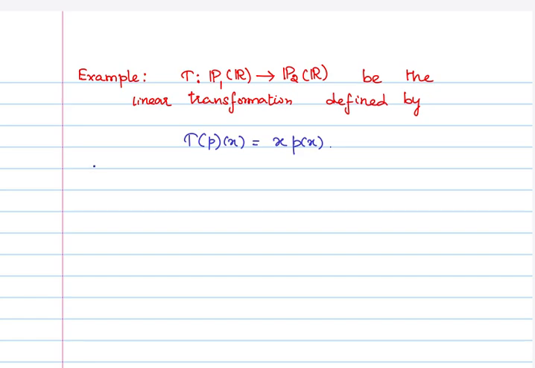We take alpha as the basis of P1, which is 1 comma X, and beta as 1 comma X square.